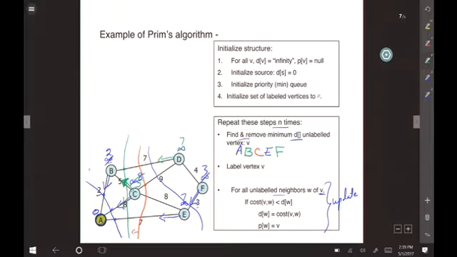We label it. Update the neighbors. This becomes 4, and the predecessor changes. And then finally, find and remove the least weight. That's D. Label it. There are no adjacent edges to update.